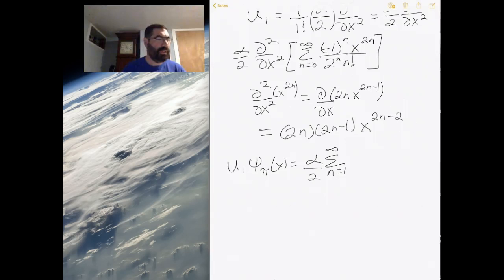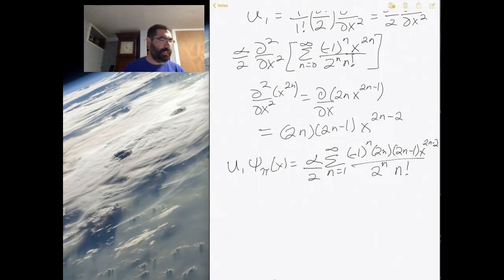So this one now starts at n equals 1, minus 1 to the n power, 2n times 2n minus 1, times x to the 2n minus 2 power, divided by 2 to the n, n factorial.